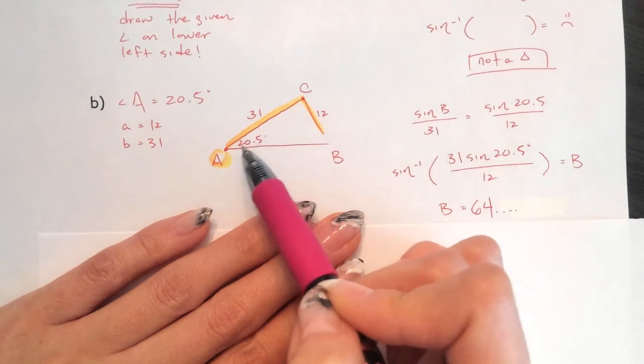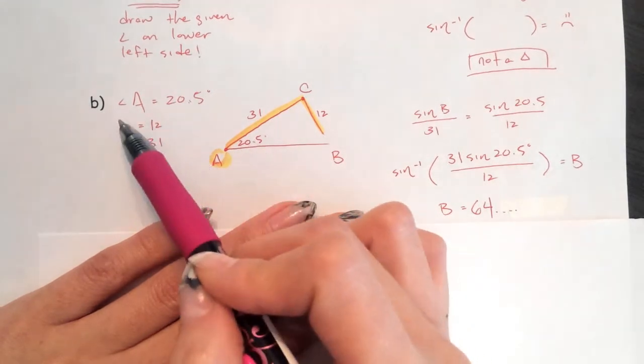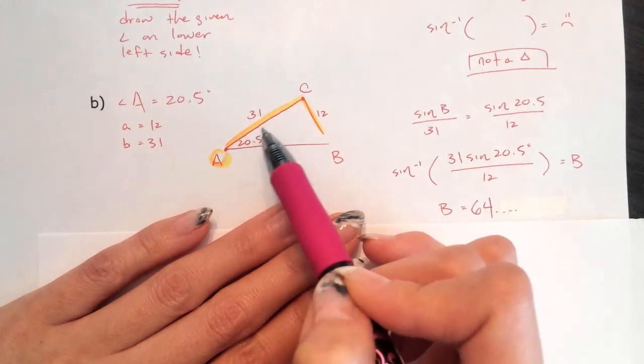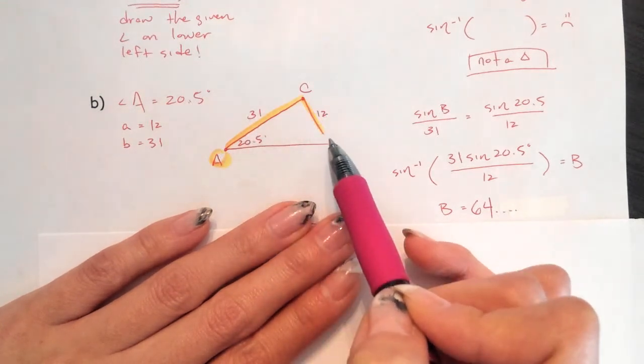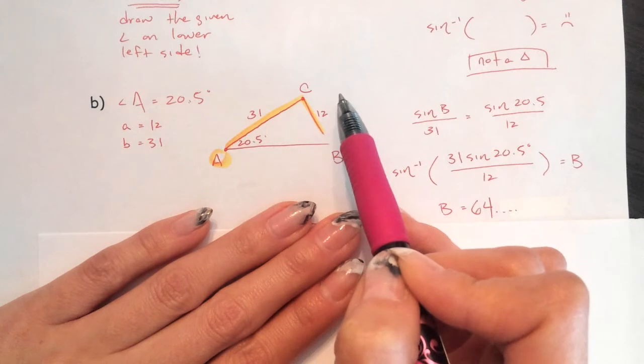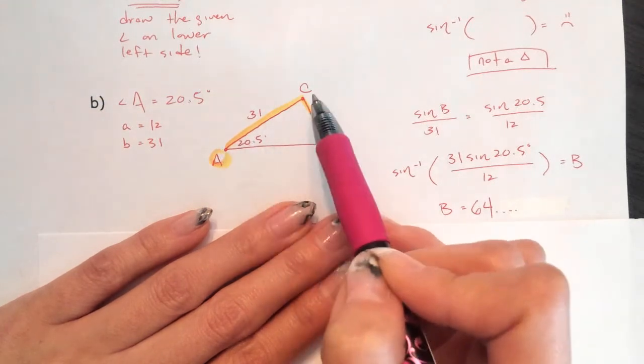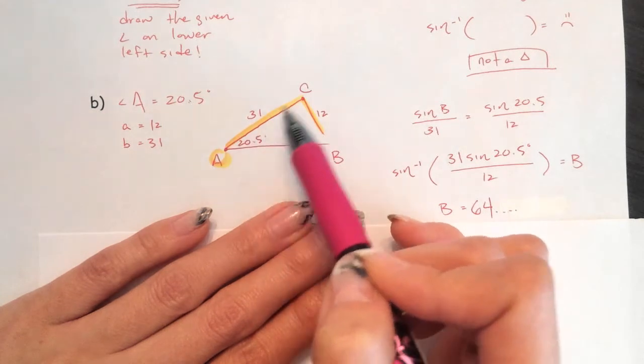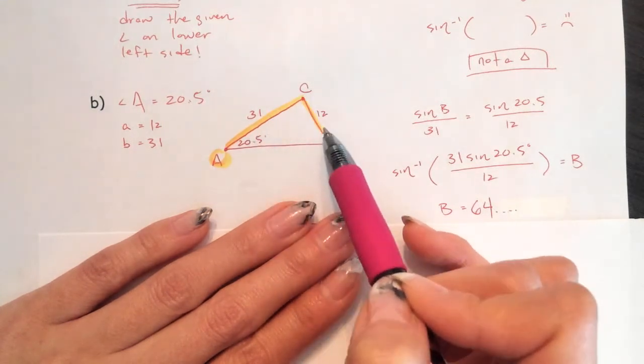Well, if this is 20.5 and the opposite should be 12, that means that this should be 31. So this should be nice and long, and this should be shorter. Even if this was longer, that'd probably be better, but that's okay. So this is 31, and then this is 12. All right, so I have my ASS, angle, side, side in order.